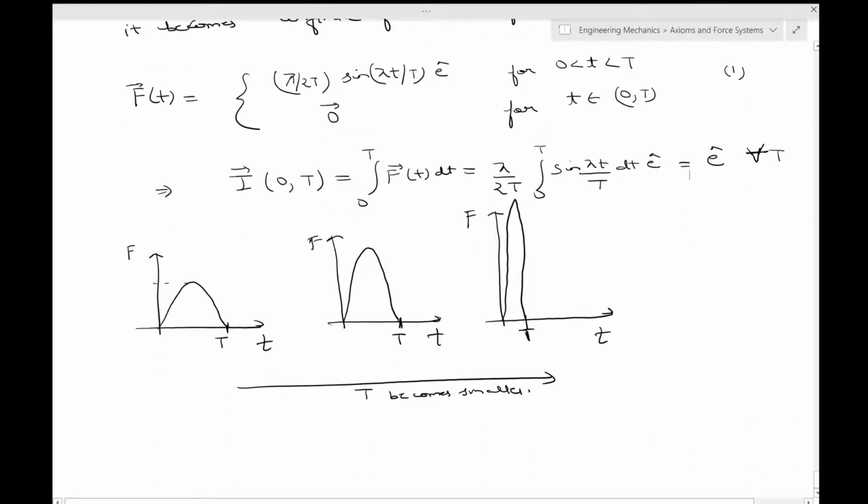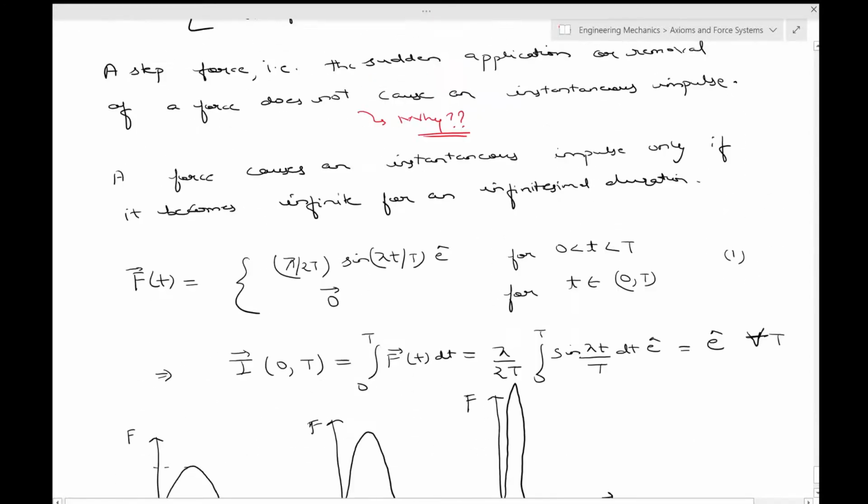Now if you take a limit such that T tends to 0, in that case F average tends to infinity, because you already know what F average is.